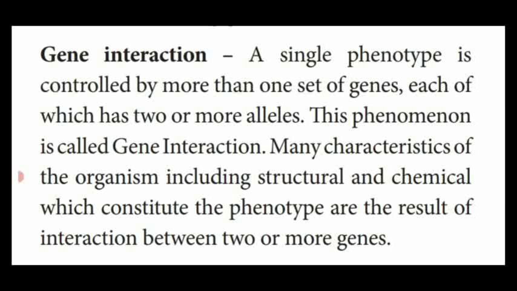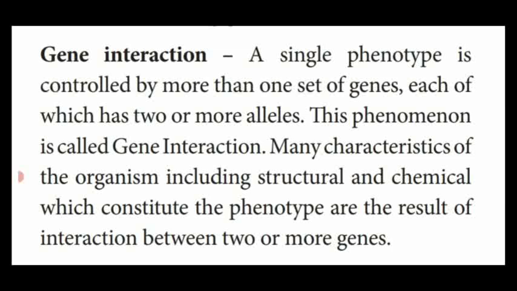That is gene interaction. Before, in the crosses, we proved that a gene with a pair of alleles controls the characteristic feature of an organism. But another genetic variation is also proved: the phenotypic character of an organism is controlled by more than one set of genes.